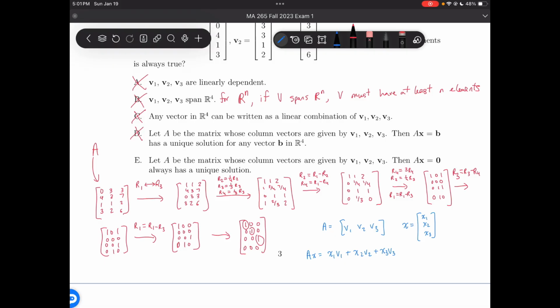Okay, and then statement E says, let A be the matrix whose column vectors are given by v1, v2, v3, then Ax equals 0 always has a unique solution.